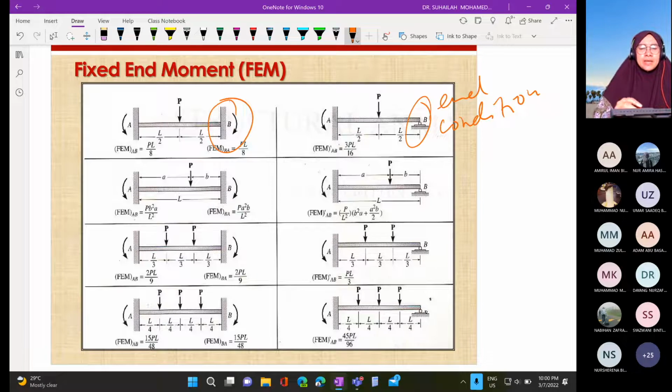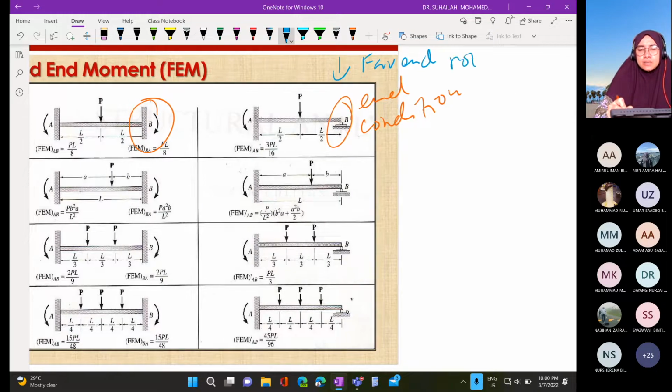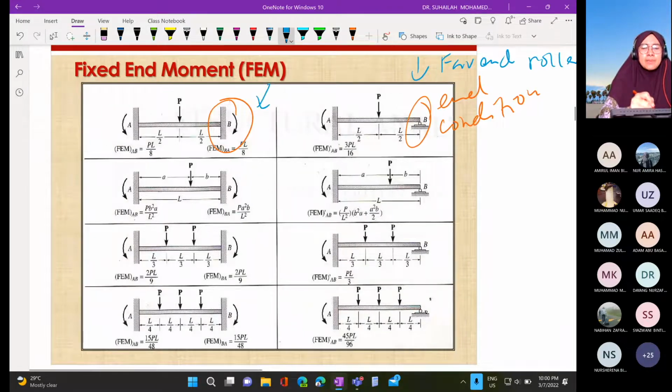Okay, apa end ni? End dekat kolom number 2 tu. Yang ni nama dia far end roller or pin. Yang ni nama dia far end fix.